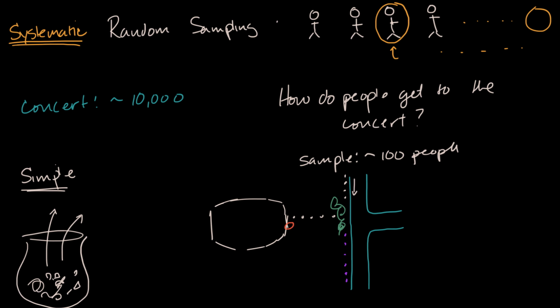And maybe you have a police officer right over here who is doing crowd control, who lets 50 of these people in, followed by 50 of these people in. Well, in that situation, every 100th, you might end up just sampling one side or the other. So you have to make sure that there isn't some bias that's being introduced into this line somehow that might distort your sample.